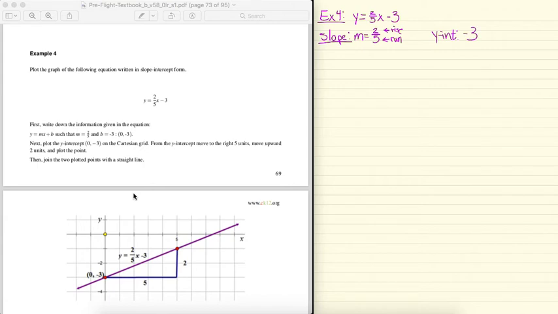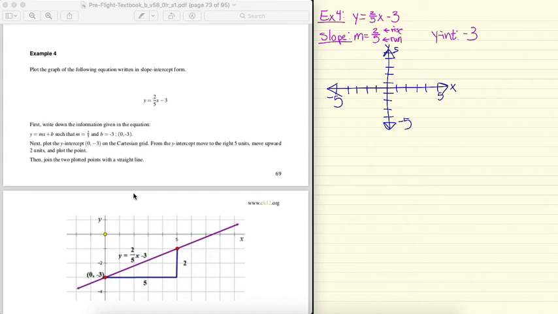Biggest thing with these problems is making sure that you are staying consistent with your signs. So 1, 2, 3, 4, 5. 2, 3, 4, 5. Just drawing my grid. All right, plotting my points now.